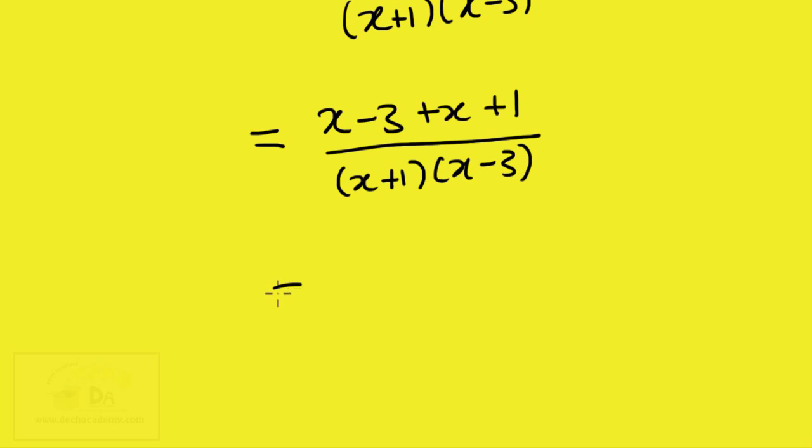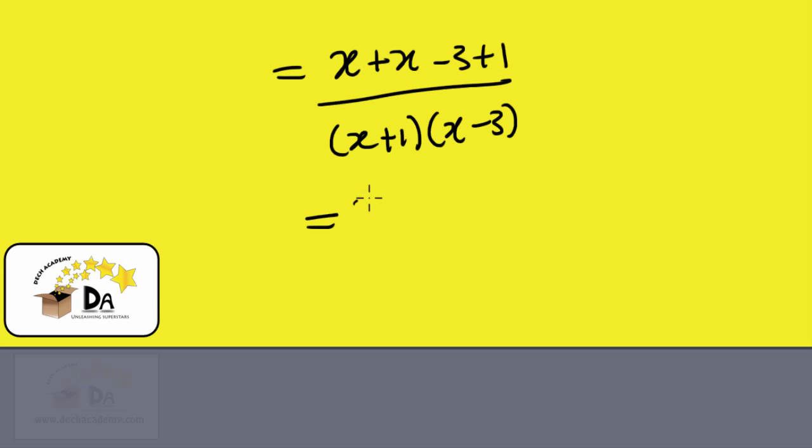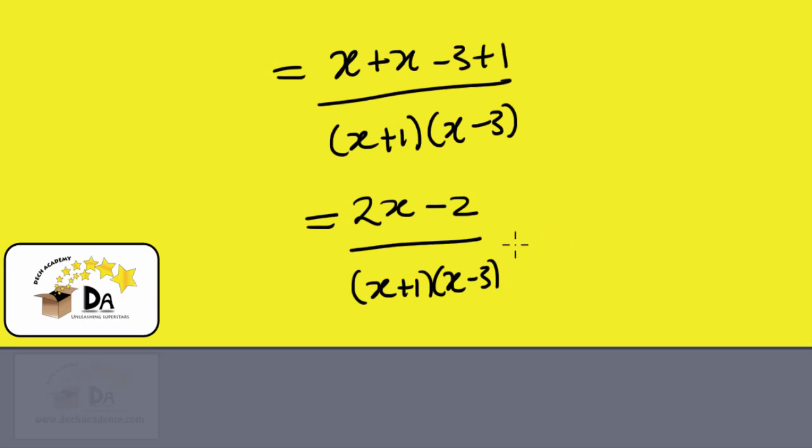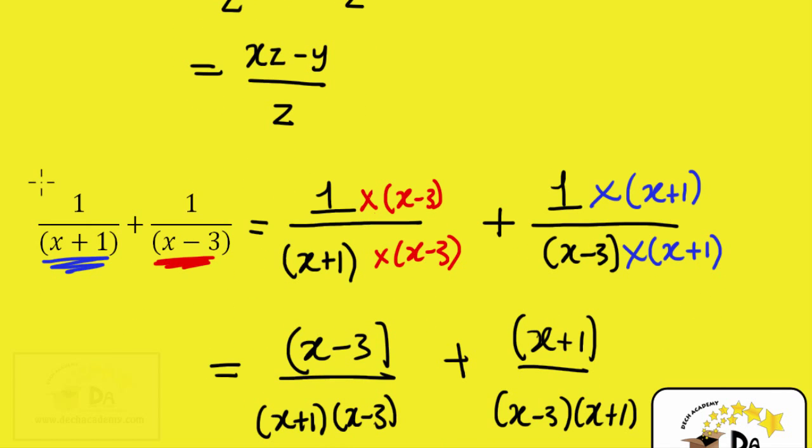And the numerator, by grouping like terms or swapping the position of minus 3 and x, we have x plus x minus 3 plus 1 as the numerator. So we have 2x minus 3 plus 1 is minus 2 divided by x plus 1 times x minus 3. And this is the simplified version of what we started with, this version here.